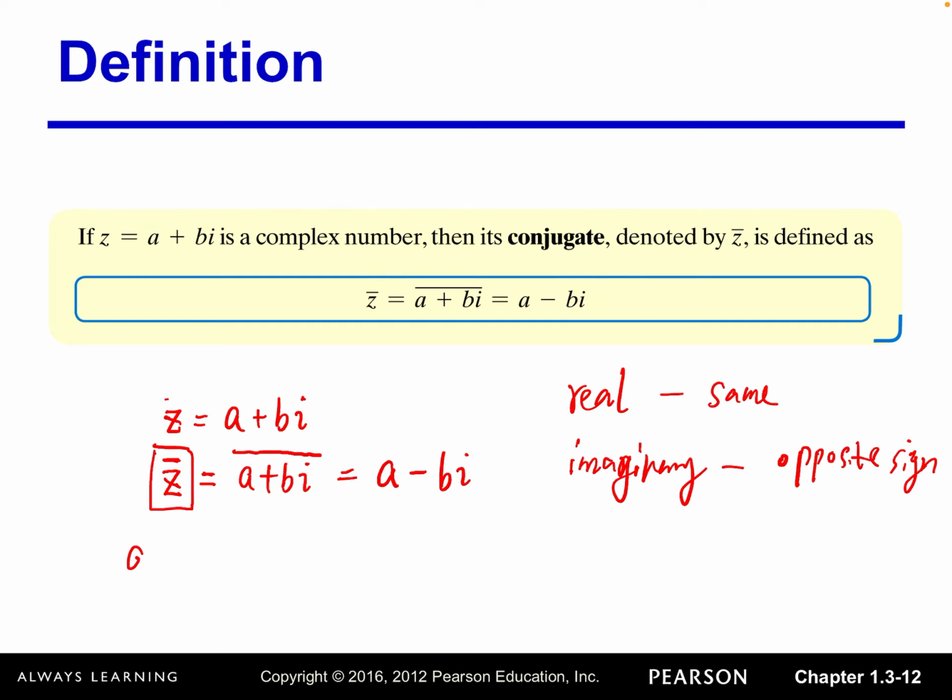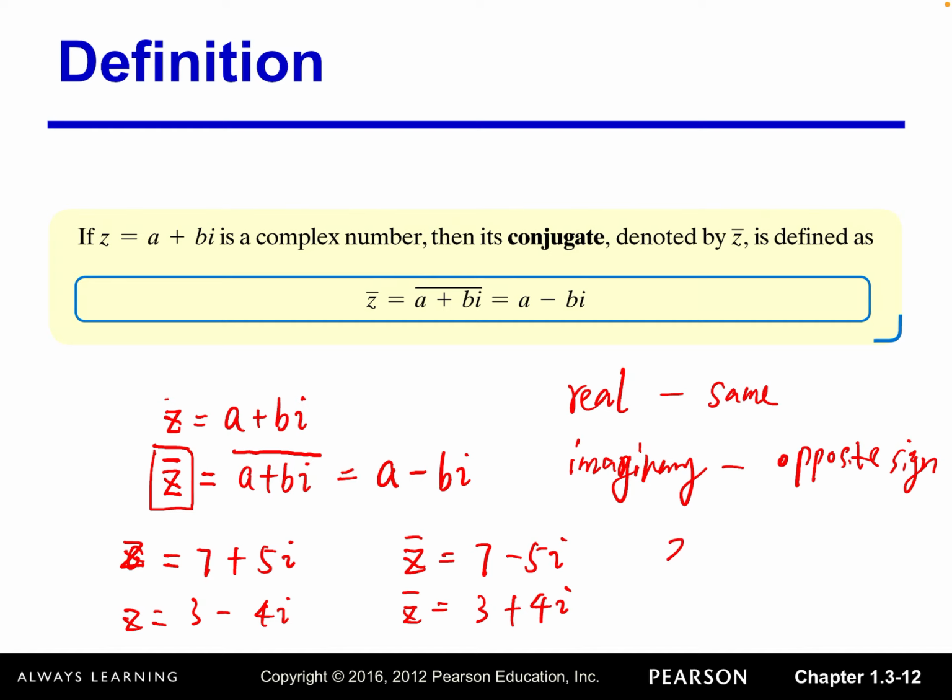For example, if c equals 7 plus 5i, then the conjugate of c will be 7 minus 5i, right? If c equals 3 minus 4i, then c bar, the conjugate, will be 3 plus 4i, right?